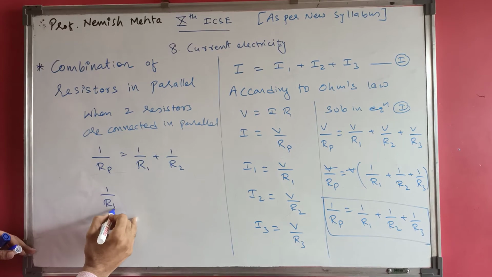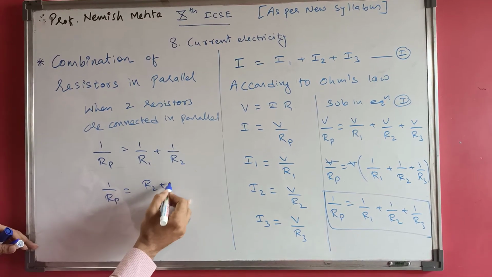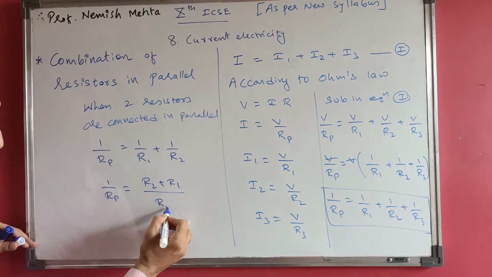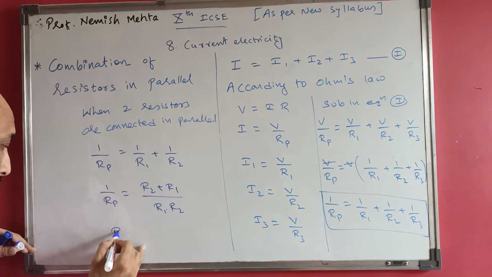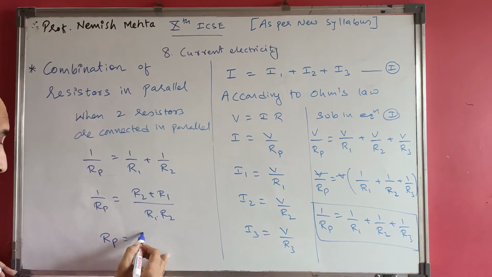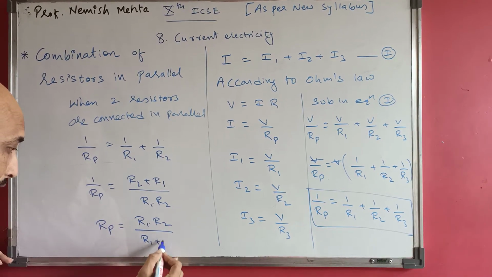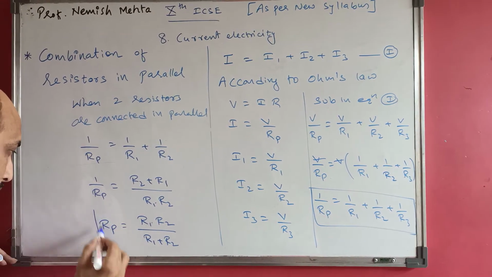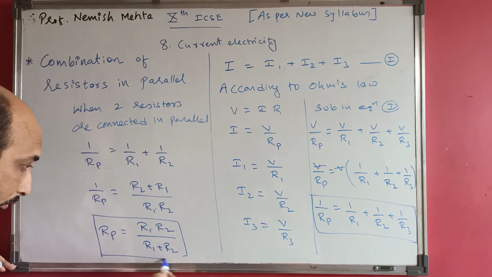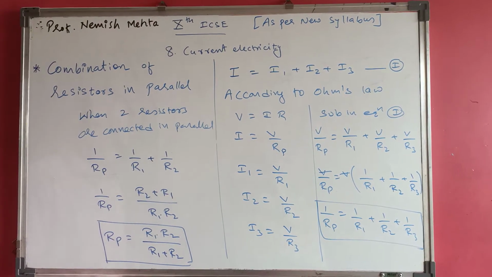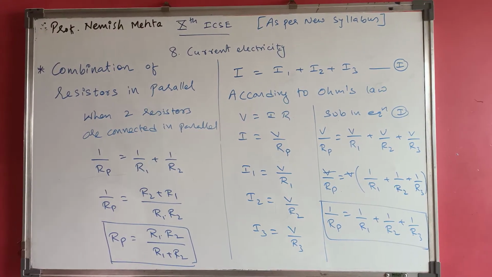Take out the LCM. So R2 plus R1 upon R1 into R2. So Rp is equal to R1 into R2 upon R1 plus R2. You can use this formula when there are two resistances in parallel. Getting it?